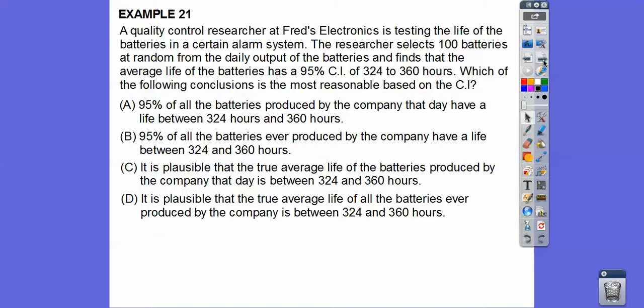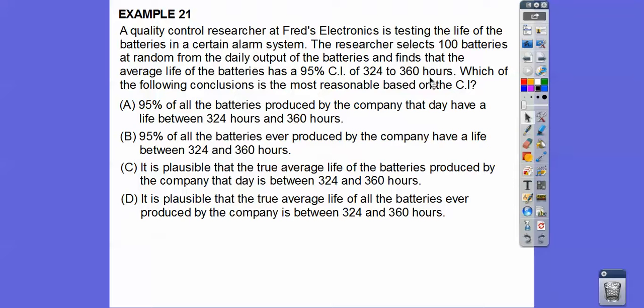Okay, that means that our true average life, which we don't know, 95% of the time, if we did this, calculated 100 batteries, 95% of our time, our intervals will contain our true mean. Okay, so our intervals change from sample to sample right there, but 95% of the time, this interval will contain our true mean. Okay. So which of the following conclusions is the most reasonable based on the confidence level?